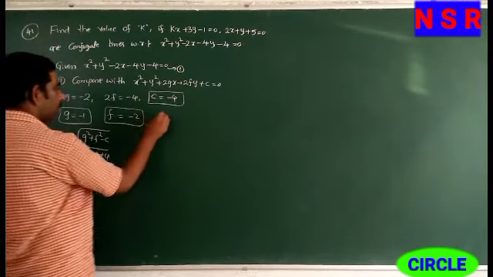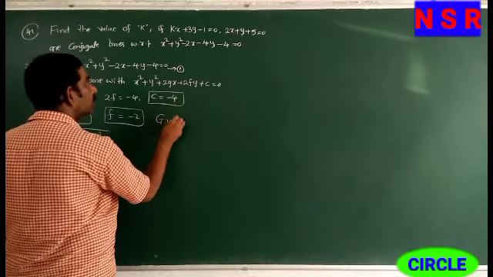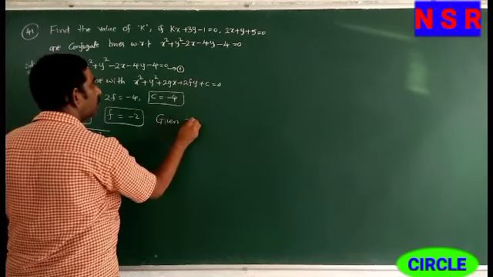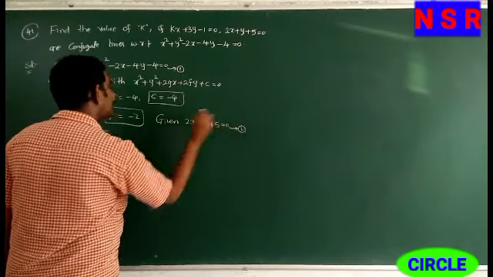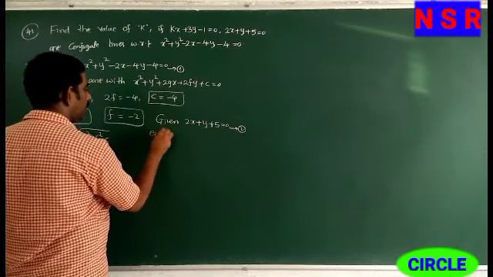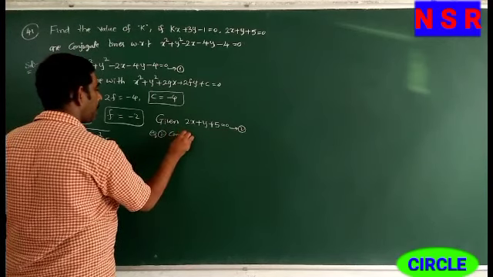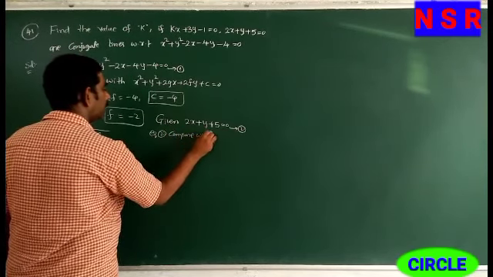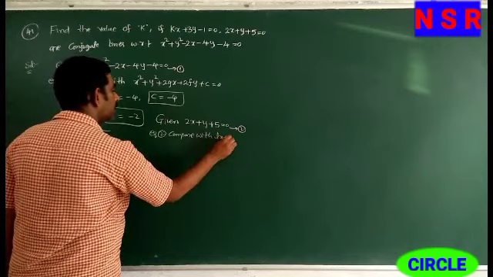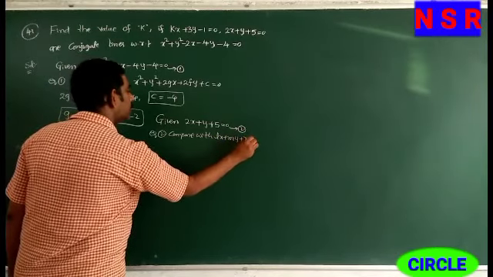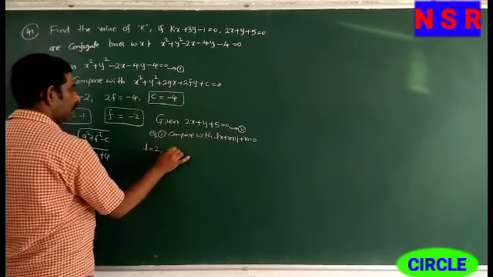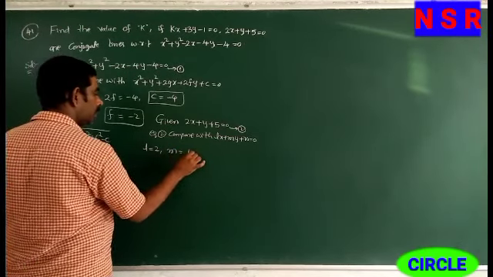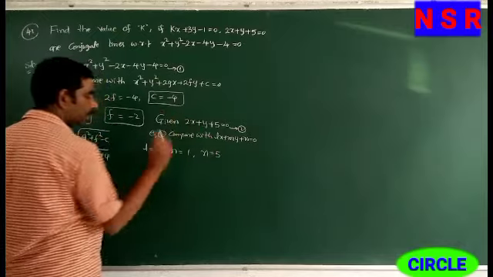So here one line is given. Consider the second line 2x plus y plus 5 equal to 0. Take it as equation number 2. Compare with Lx plus my plus n equal to 0. Now L equal to 2, m equal to 1 and n equal to 5.